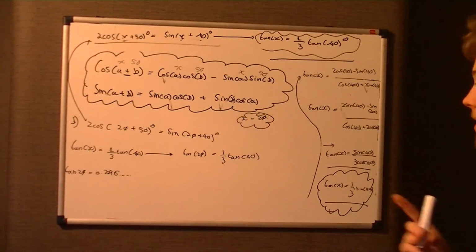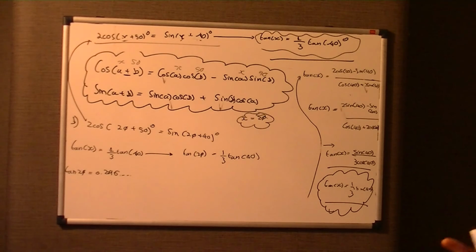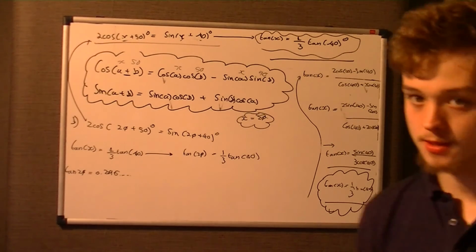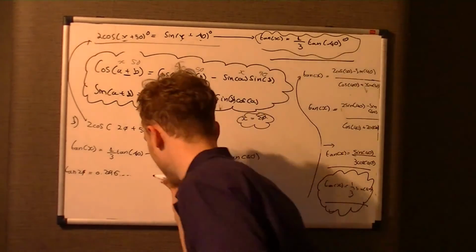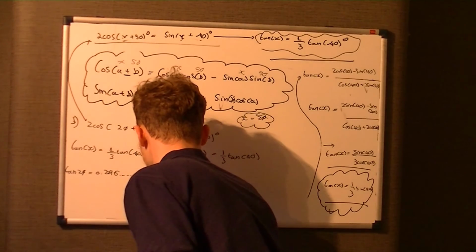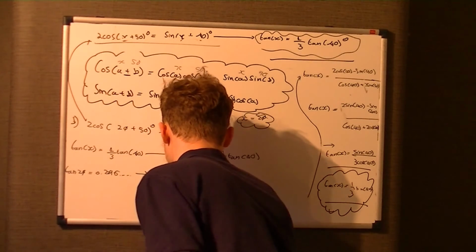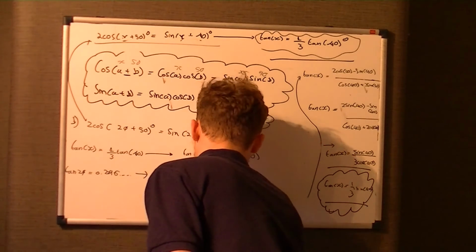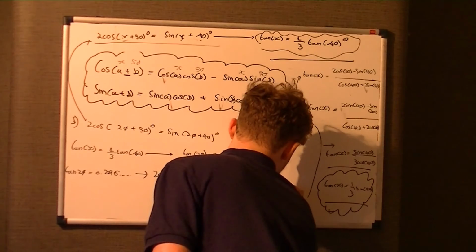So what we want is theta on its own. But whenever we get an angle which is not directly theta, we work out what that is first. So we tan inverse both sides to get what 2 theta is. So 2 theta is equal to the tan inverse of this 0.2796. Okay, so you get what 2 theta is.